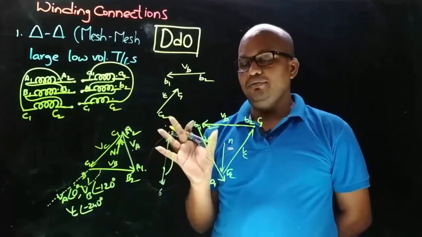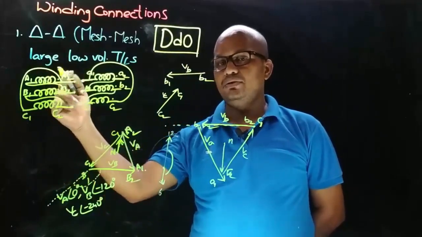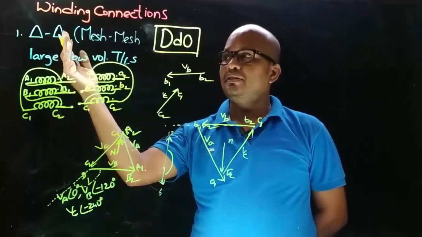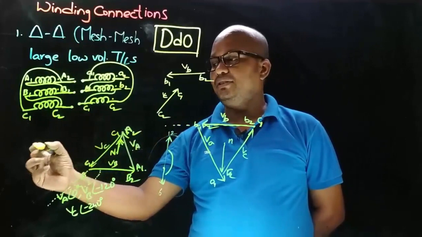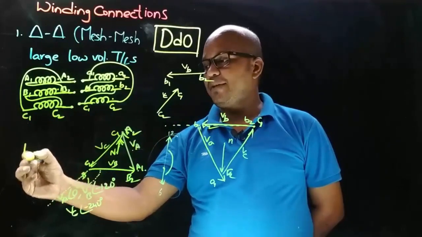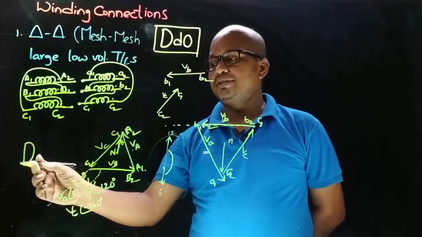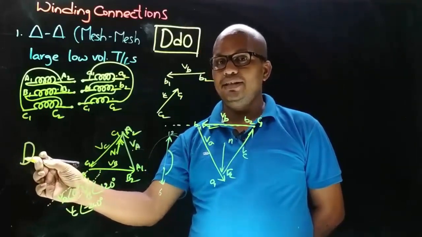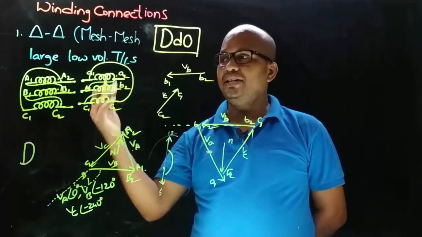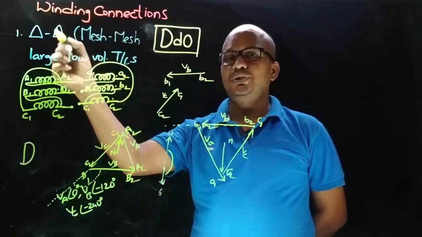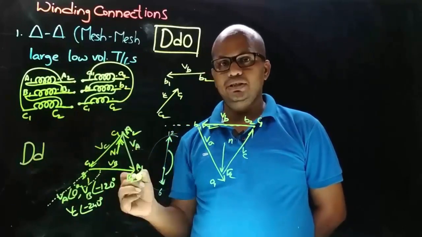Now let's identify the vector group symbol. The HV side connection is delta, so D represents the delta connection. In the vector group symbol the first character is in caps, so capital D, and the second character is in lowercase and represents the LV side connection. The LV side connection we took here is delta, so it is represented with a small d.